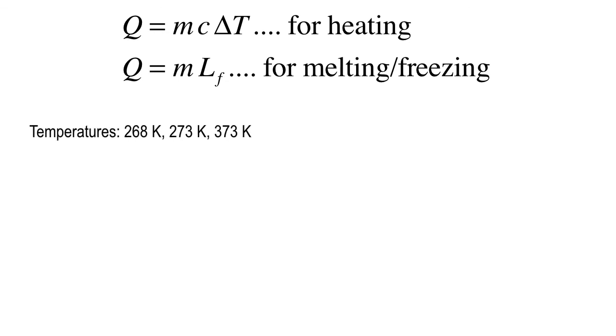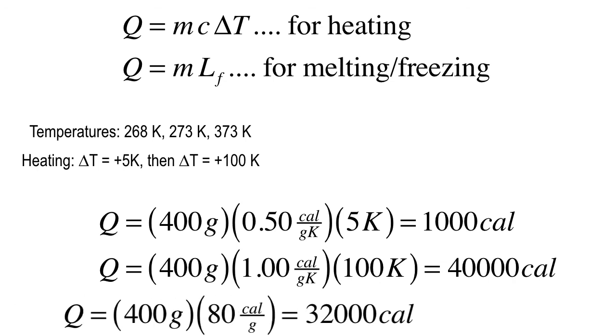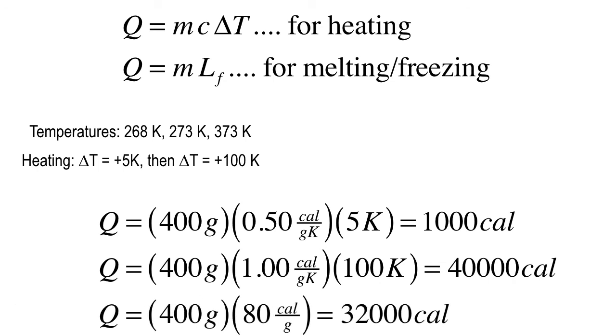In the latent heat, the last one that you did, you got 80 calories per gram. Yeah, let's go down to that equation. Latent heat is 80. See down here? 80 calories per gram.